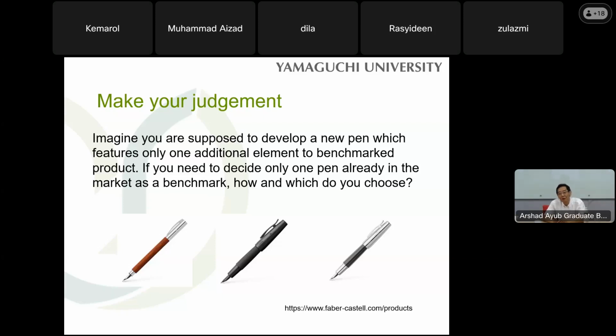It's almost the same as choosing your research topic. You are using some paper or some project as a benchmark, and using that as a benchmark, you will think what additional element you want to add. Probably most of you may never think so seriously about which pen you will choose.